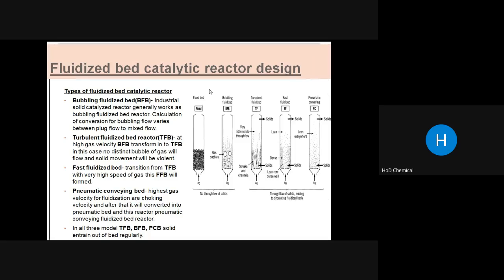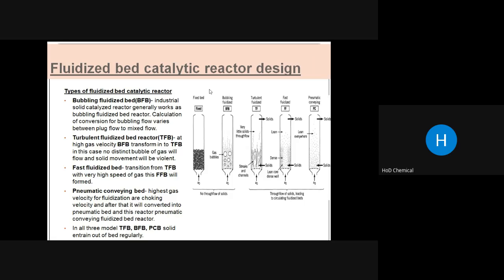In fluidized bed, based on catalytic reactor design, there can be four types: bubbling fluidized bed, turbulent fluidized bed, third, fast fluidized bed, and the fourth finally, pneumatic conveying bed.